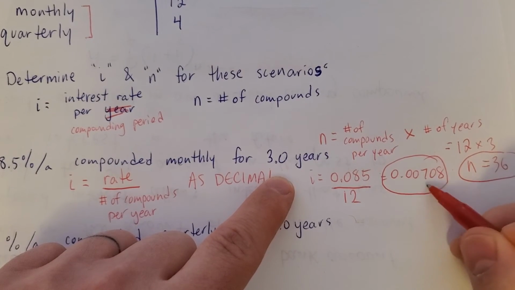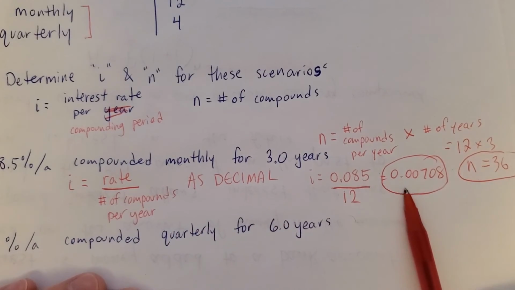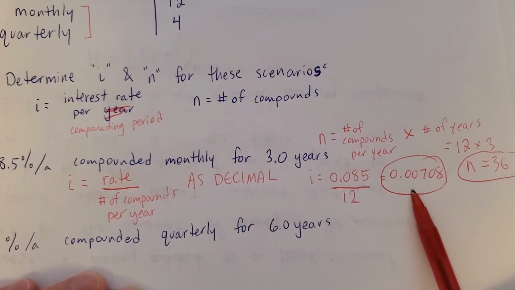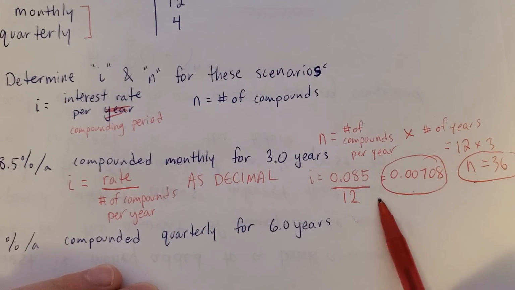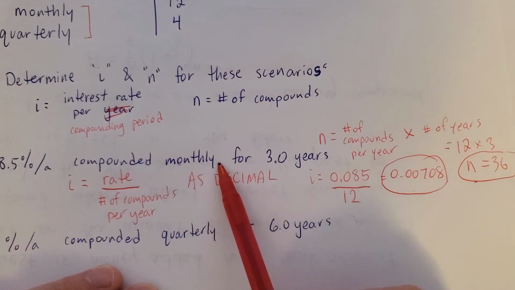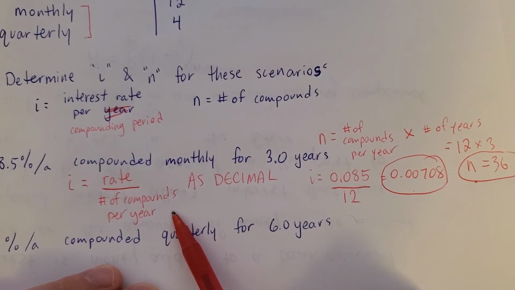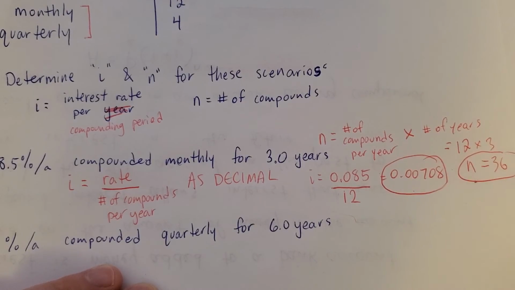So I is always some weird decimal. N should be just a regular old number. Again, this is the interest rate per month, essentially, because it gets compounded monthly. And this is how many compounding periods go by. It's the number of months in this question. I hope that makes sense. It's always the same though. To find the I, you do the rate as a decimal, divided by the number of compounds per year. To find N, number of compounds per year times the number of years.